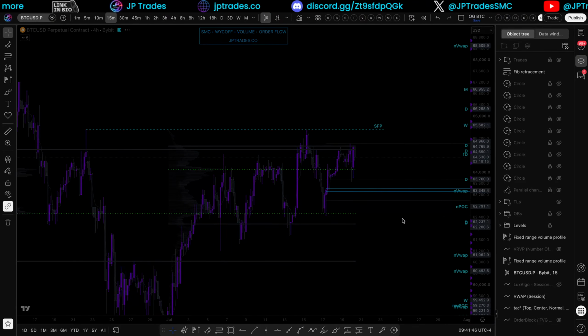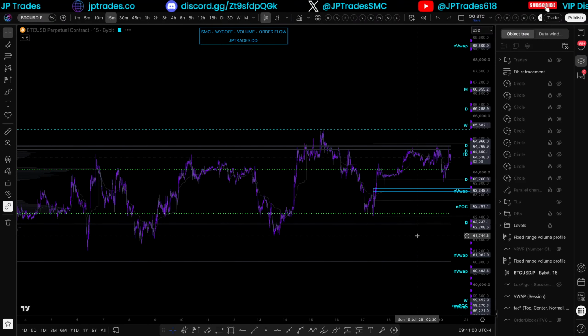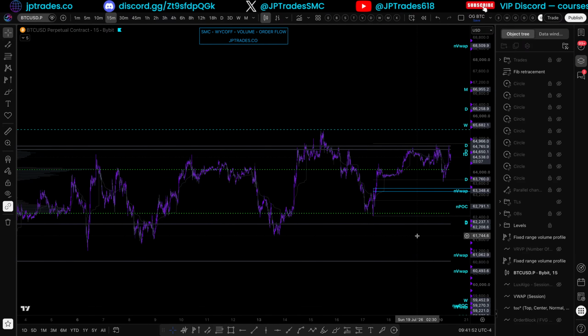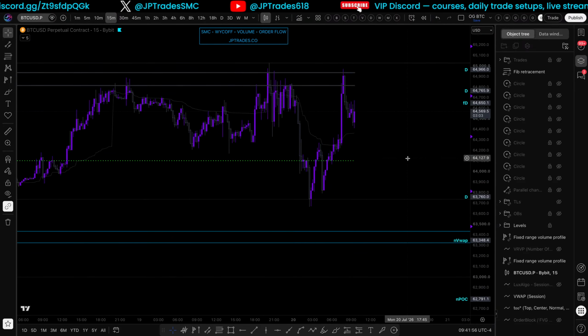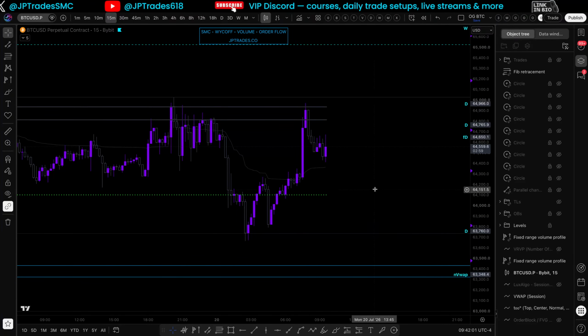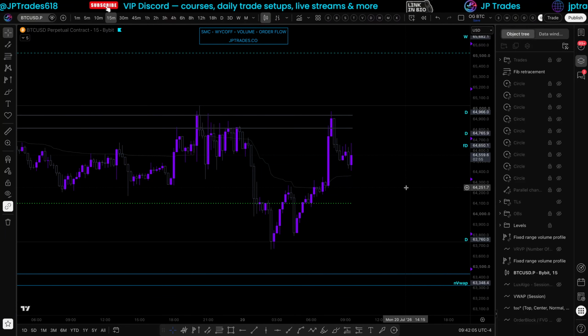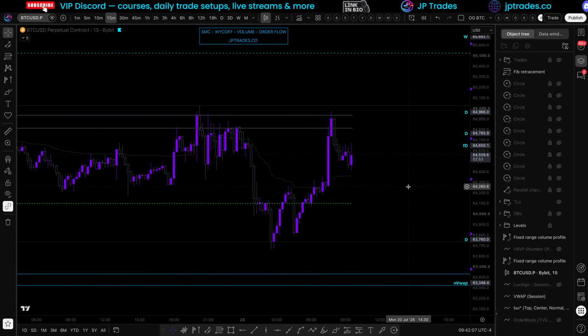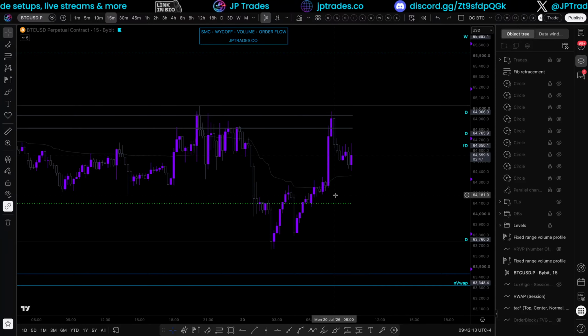Go down to the 15. Just taking a look at structure really quick. Hadn't really looked at the charts much this morning, so I'm taking in the weekend moves. Looks like we got a little bit of chop. This daily level really putting in some resistance right here.